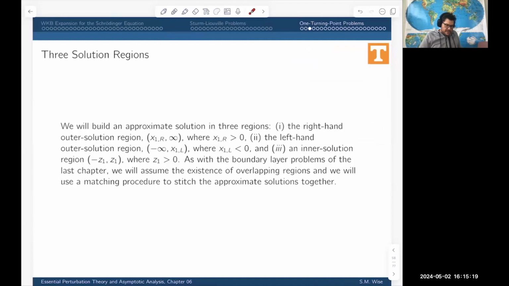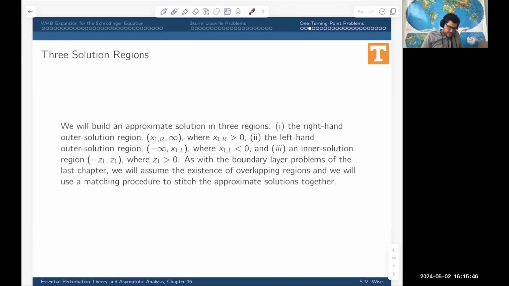So we need 3 solution regions. The right-hand side is going to be where Q is strictly positive. There's going to be a left-hand outer solution, and that's an outer solution region in the same sense that it would have been an outer solution region for matched asymptotics before. In fact, we're going to do pretty much a standard traditional matched asymptotic expansion.